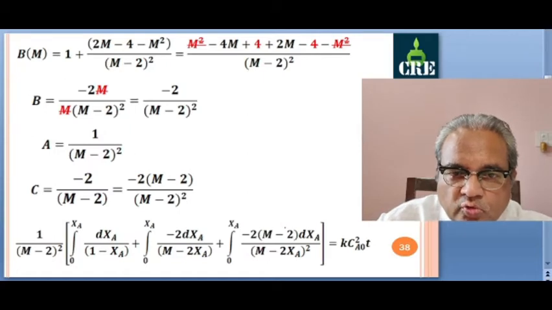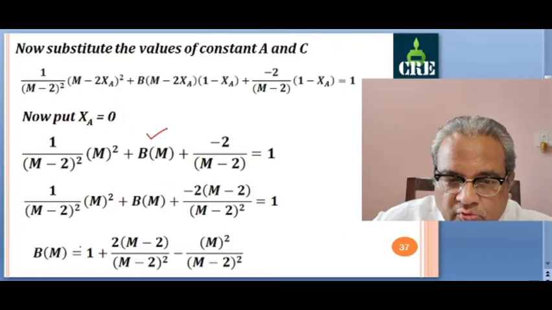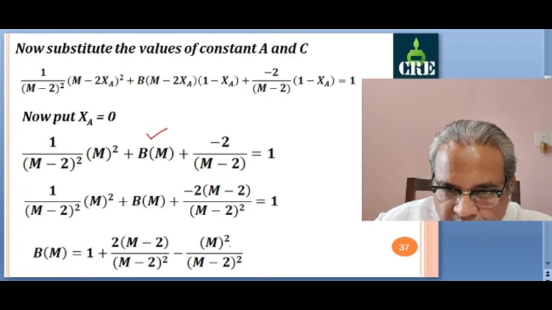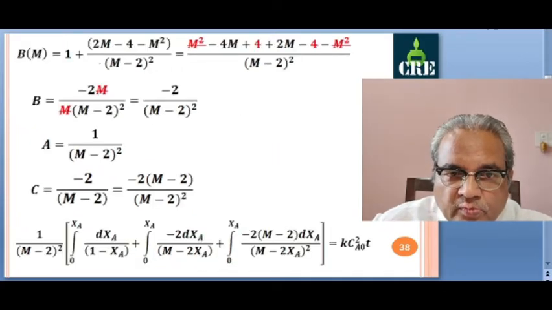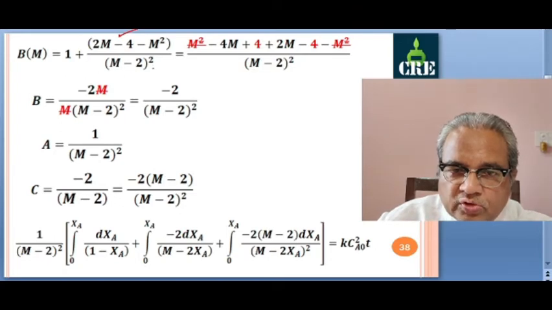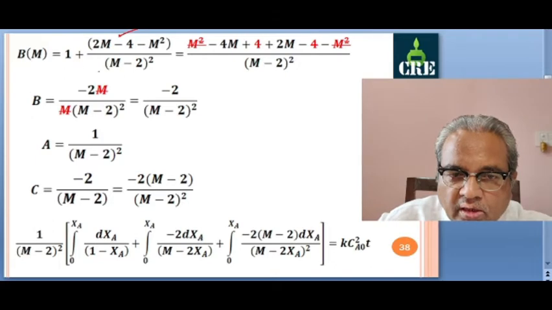So BM is equal to, now you can see here (M minus 2) whole square in both, so I can add this in the numerator. So 2M minus 4 minus M square by (M minus 2) whole square. Now if I solve this expression, I have to multiply (M minus 2) whole square by 1. What is (M minus 2) whole square?